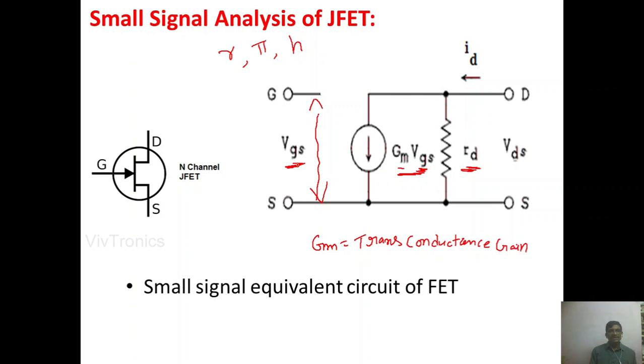The input voltage is VGS and the output current is ID, the drain current, and the output voltage is VDS, the voltage between drain and source. This is the small signal equivalent circuit for the JFET.